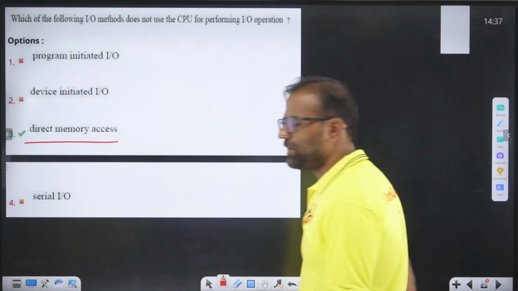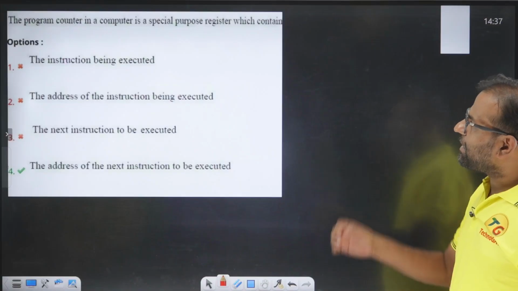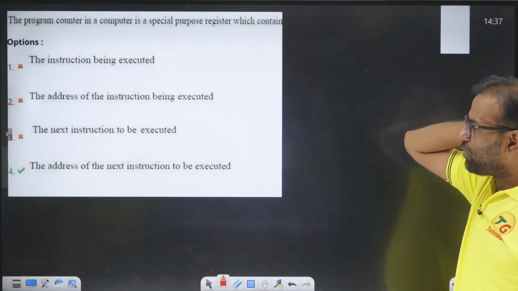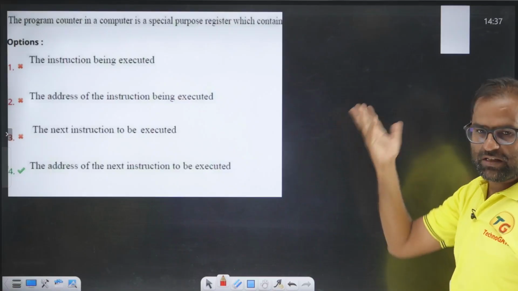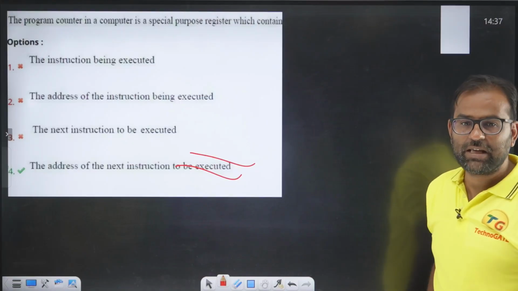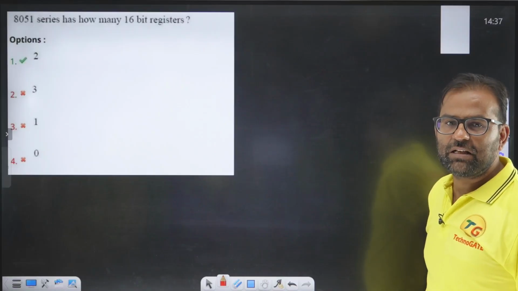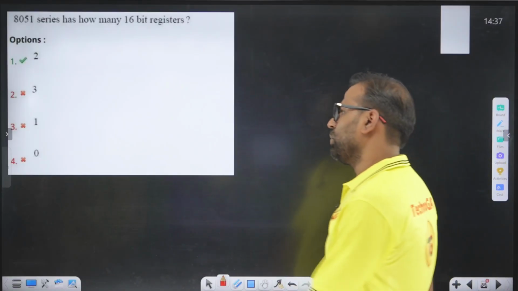DMA, direct memory access. Next, the program counter in the computer, a special purpose register, will count to the next instruction to be fetched. So program counter will always represent the next instruction to be fetched from the program. 8085 series has how many 16-bit registers? 2.